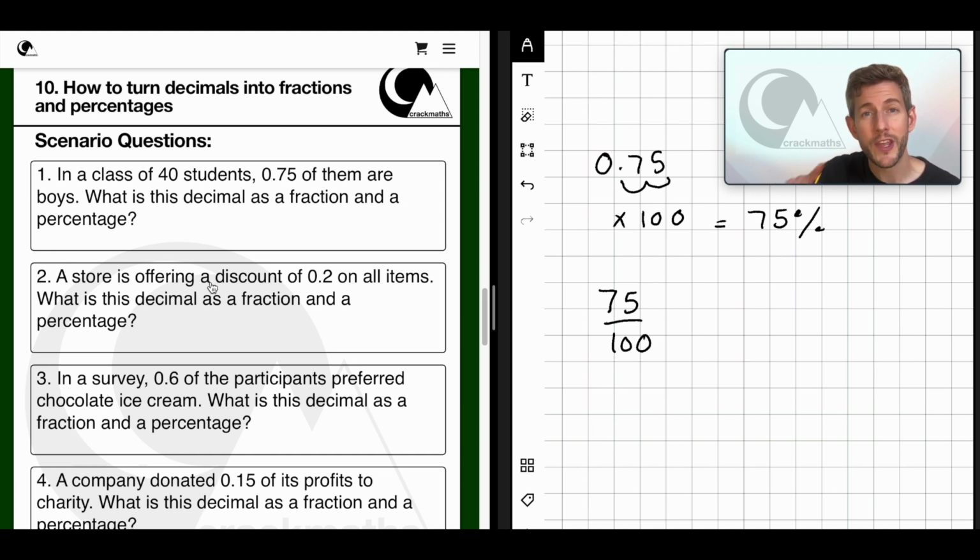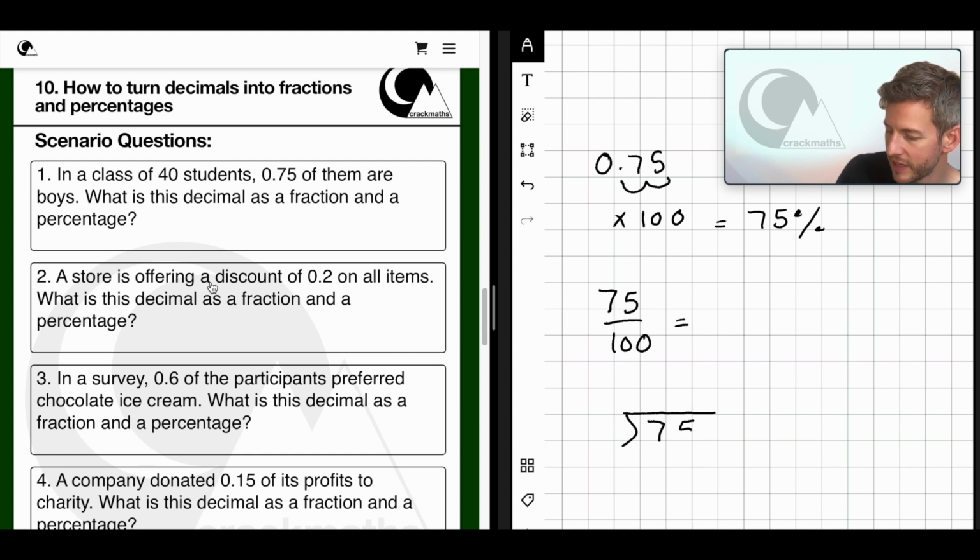But when they usually ask you to do a fraction, they want you to find it in its simplest form. So let's see if we can cancel this down. Now, I know both 75 and 100 divide by 5. So in case you can't remember, I'm going to work out the 75 divided by 5 and see if we can get that.